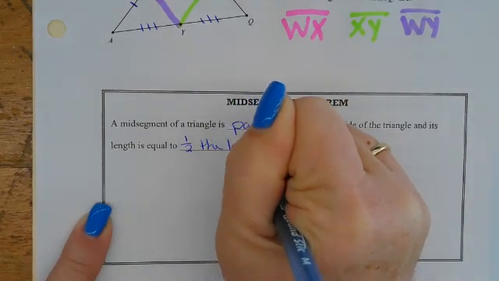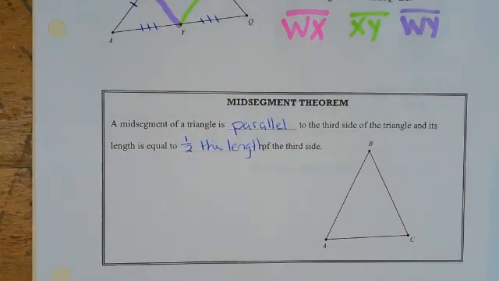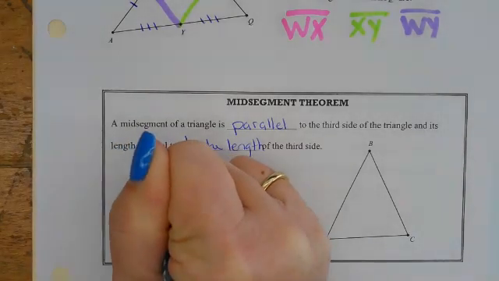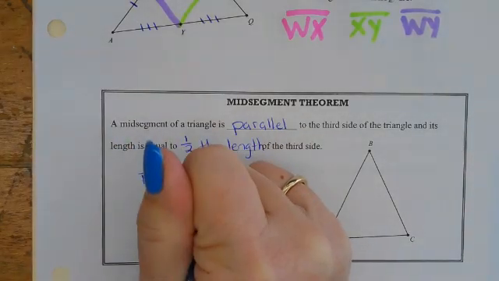Well, what does all that mean? Well, let's look over here at our sample. There will be times when you're given information and then you have to label it. So we need to label MQ is the midsegment.